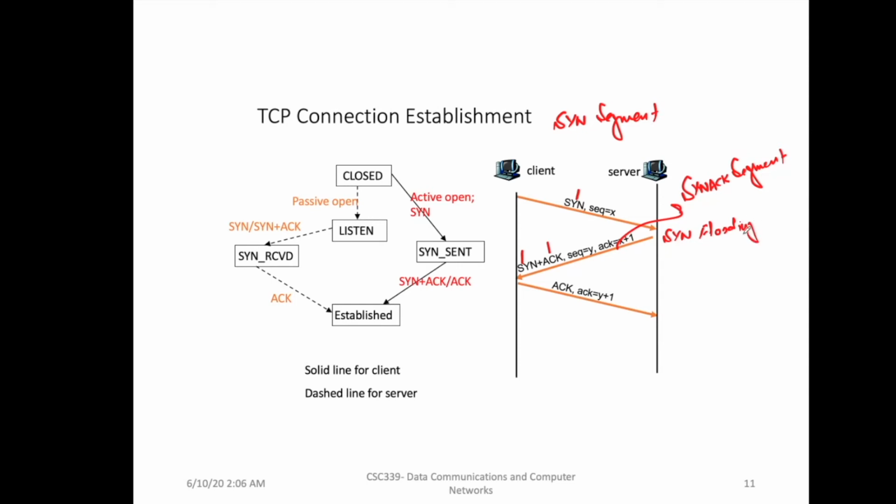Okay, so we'll see how in a minute. When the client receives this SYN ACK segment from the server, it replies with a segment by setting the acknowledgement flag, and here we can also send data in this segment. And this is how a connection is established between a client and a server machine.